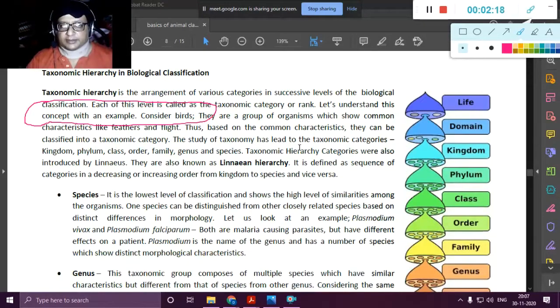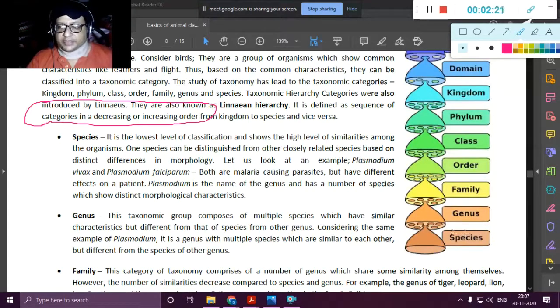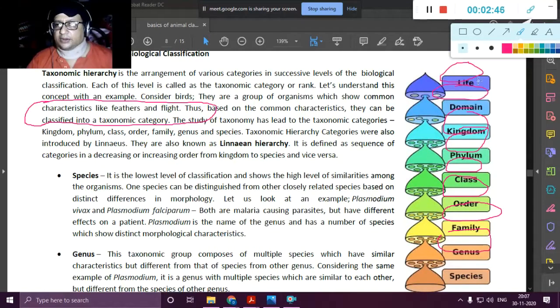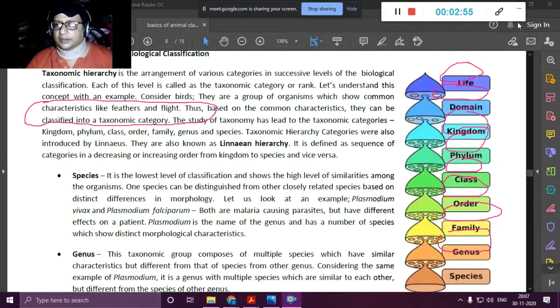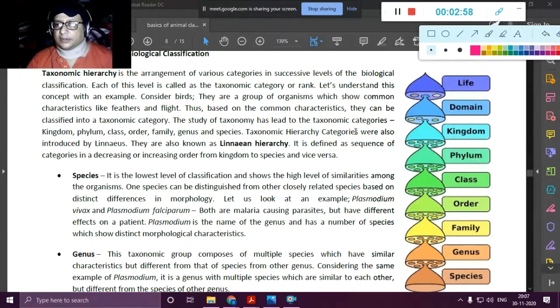Similarly, you can find the lowest level is species, genus, family, order, class, phylum, kingdom, domain, and on the topmost part you have life.